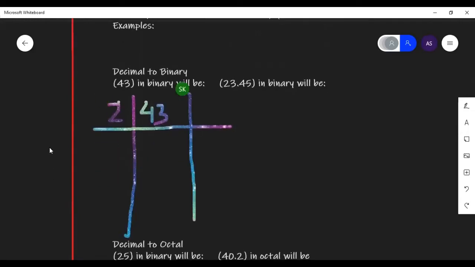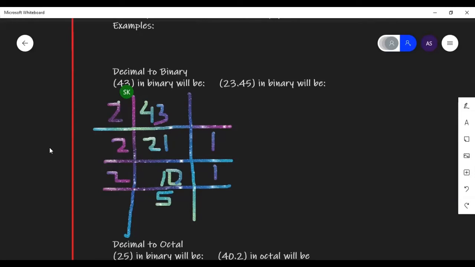Then we get 2 times 21 is equal to 42. We divide by 2, we get 21 and a remainder of 1. We divide this again, we get 10 and a remainder of 1. Divide again, 5, remainder 0.